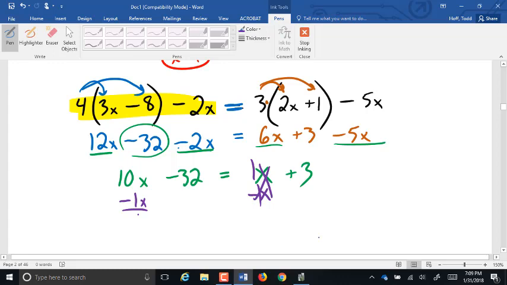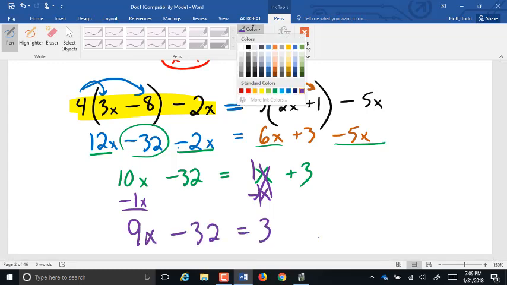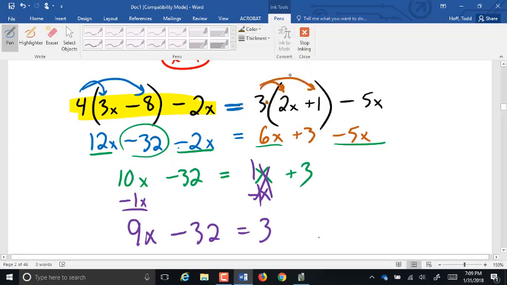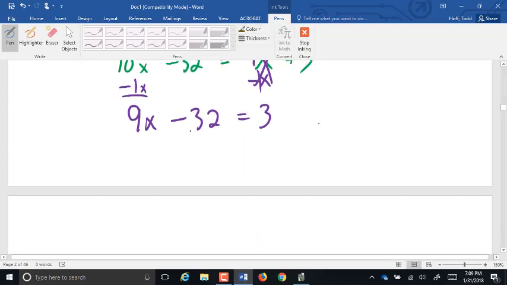10x minus 1x is 9x. We still have the minus 32, and it equals 3. And then, careful, here's our variable, right? So that's the side we want to take apart. Add the 32, very good.